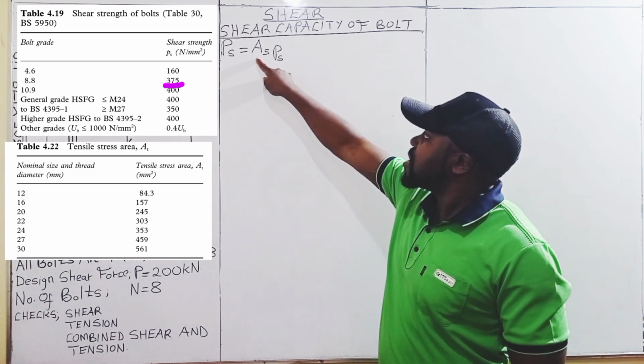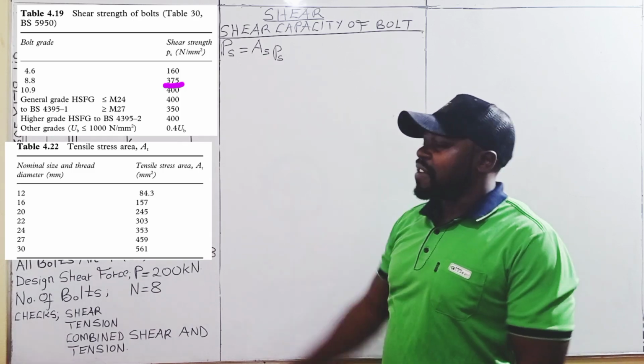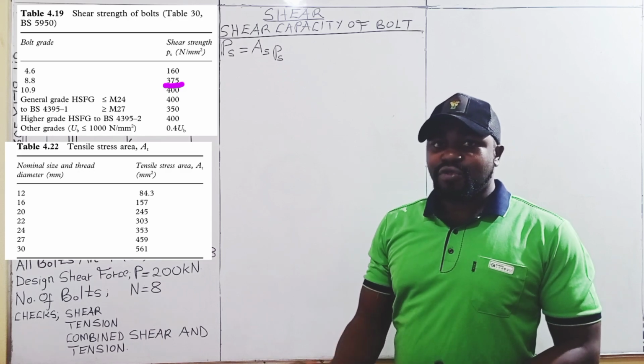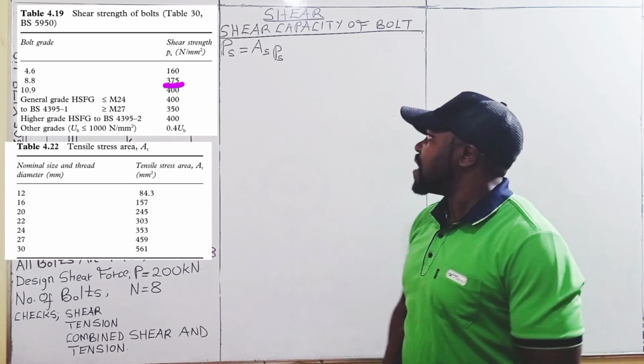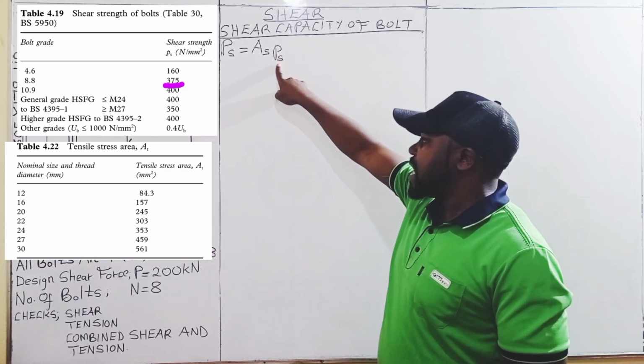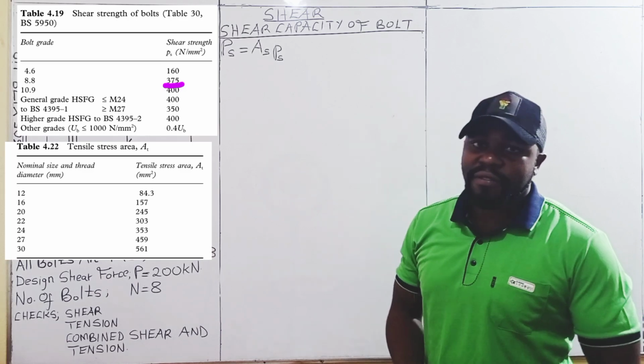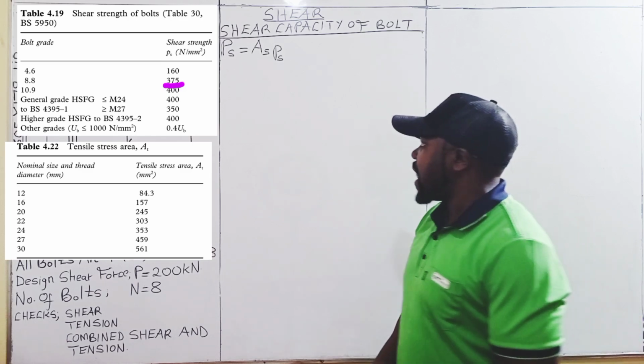This tensile stress area is usually obtained from table 4.22 of BS 5950, whereas the shear strength of the bolt is obtained from table 4.19.